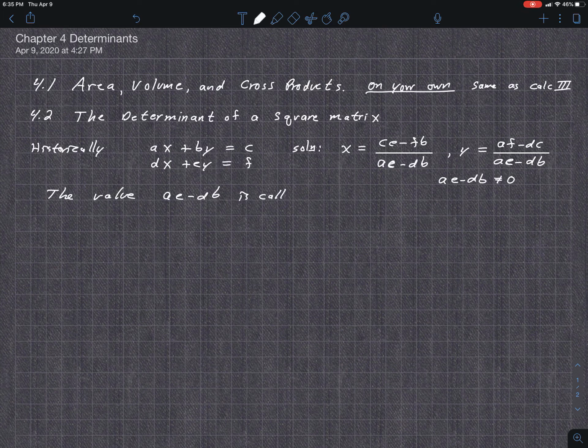The value AE minus DB is called the determinant of the coefficient matrix.